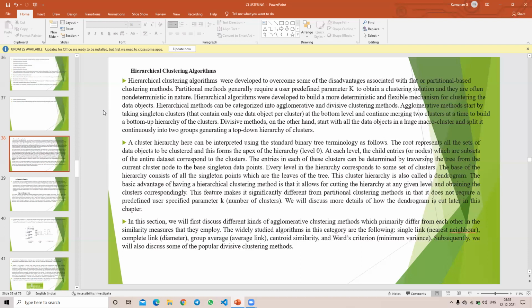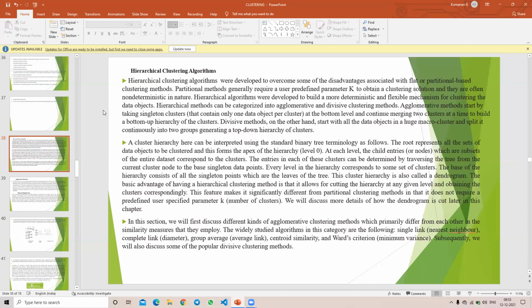A cluster hierarchy here can be interpreted using the standard binary tree terminology as follows. The root represents all the sets of data objects to be clustered, and this forms the apex of the hierarchy. At each level, the child entries are nodes which are subsets of the entire dataset and correspond to the clusters.